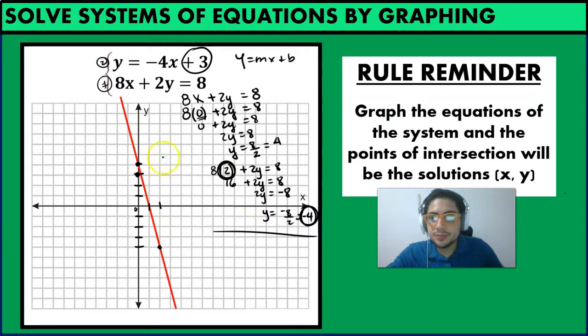So for positive 1, we have y is equal to minus 4 times positive 1. Again, you can choose any value of x to find the point that you want. Minus 4 times 1 is minus 4, plus 3 is going to be minus 1. So whenever x is 1, y is minus 1. So it's going to be here.